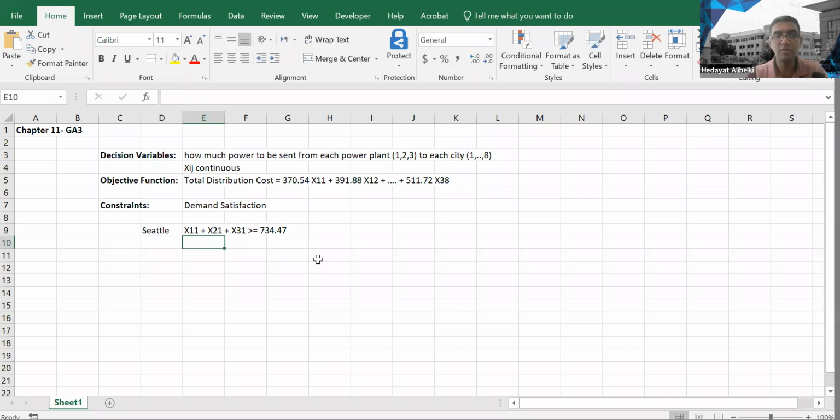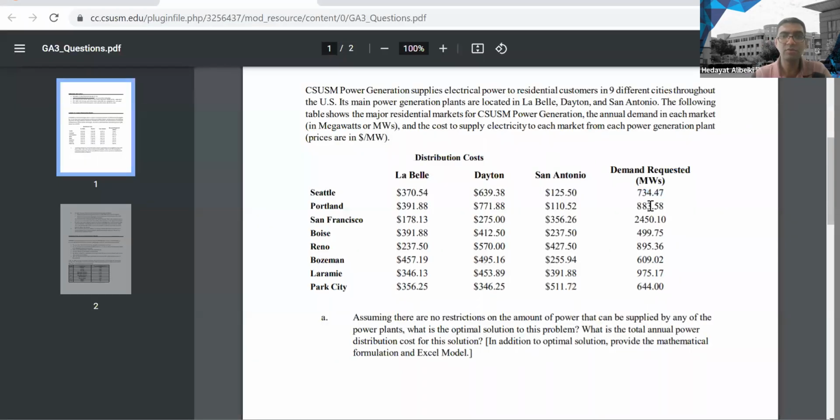So that's for Seattle. You need to just repeat this for all other cities. You've got 8 of them. So X12 plus X22 plus X32 should be greater than or equal to 883.58. Last one, X18 plus X28 plus X38 should be greater than or equal to 644.